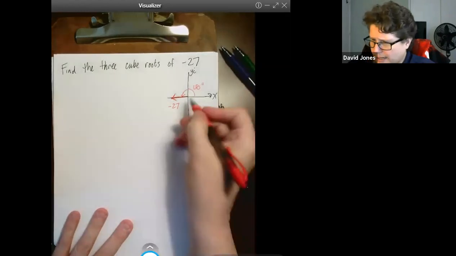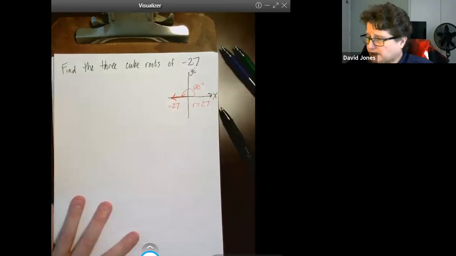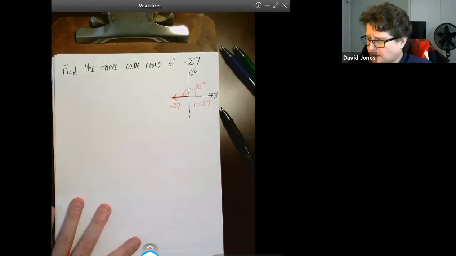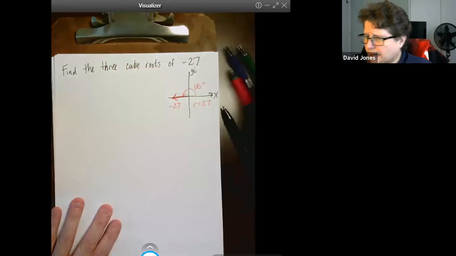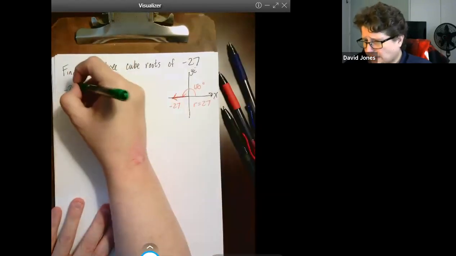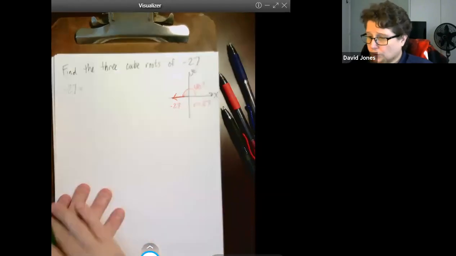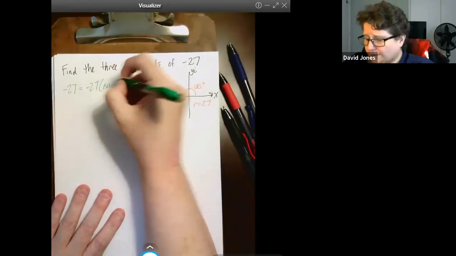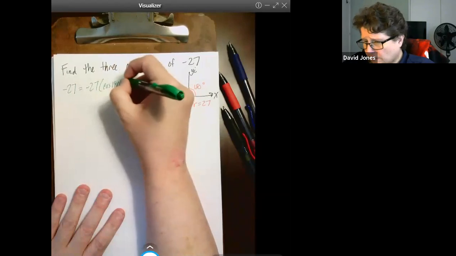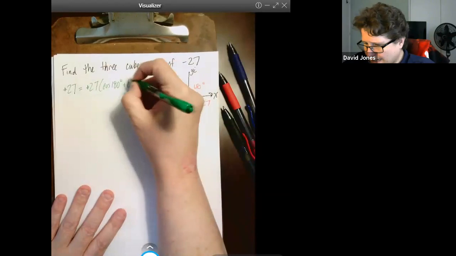And how long's the radius? R equals 27. So we're going to rewrite it. We've got negative 27, which equals, I'm sorry, positive 27 cosine of 180 plus i sine of 180.